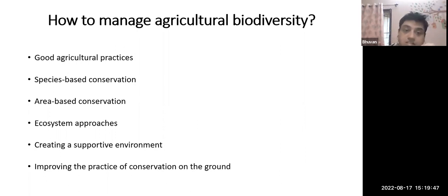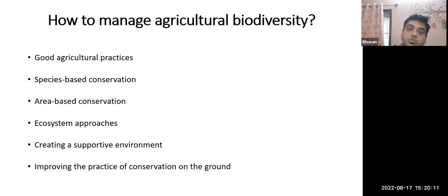Then we have species based conservation. We have learned that also in the management of biodiversity. During that session, we discussed that in detail. Here also we will talk about it once again. Then we have area based conservation. Basically it talks about the hotspots and the ecoregions. So here also we will apply the same concept.